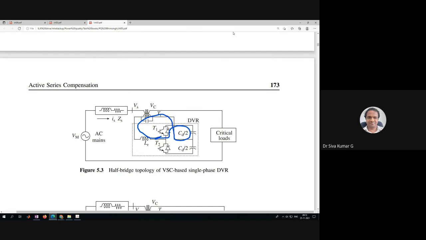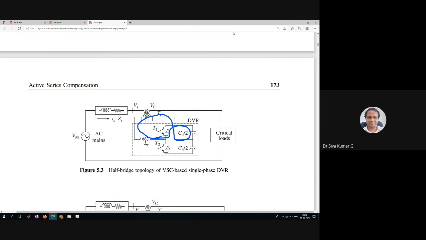Whatever explanation I have given for a DSTATCOM in controlling the voltage source converter is applicable for this single phase DVR also. Whether you go for a PWM scheme, or a unipolar or bipolar kind of scheme, that can be applied here also.